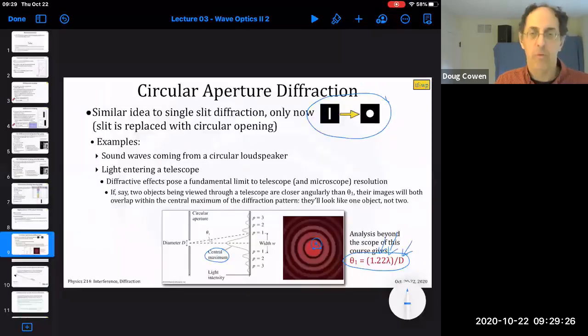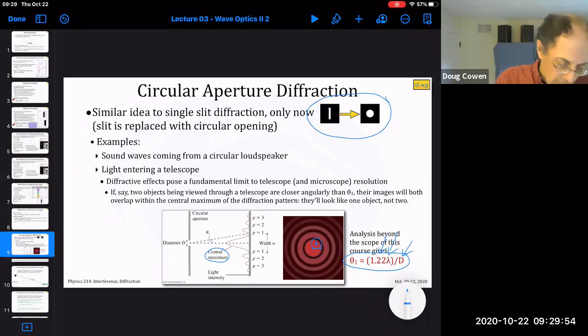It's got this weird 1.22 factor that comes up, and that's because of a lot of complicated mathematics. It depends on the wavelength, so the shorter the wavelength, the better you'll be able to resolve things. And λ divided by D, where D is the size of the aperture. So the bigger the aperture, the smaller that angle θ1, the easier it will be to resolve 2 images that are close together.